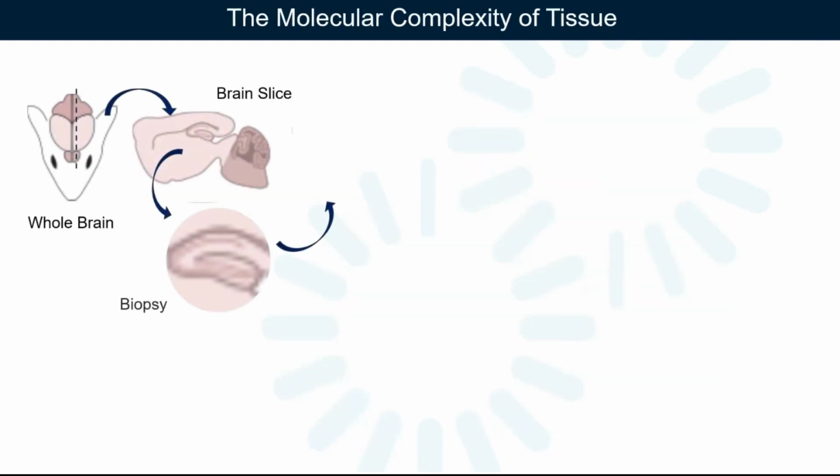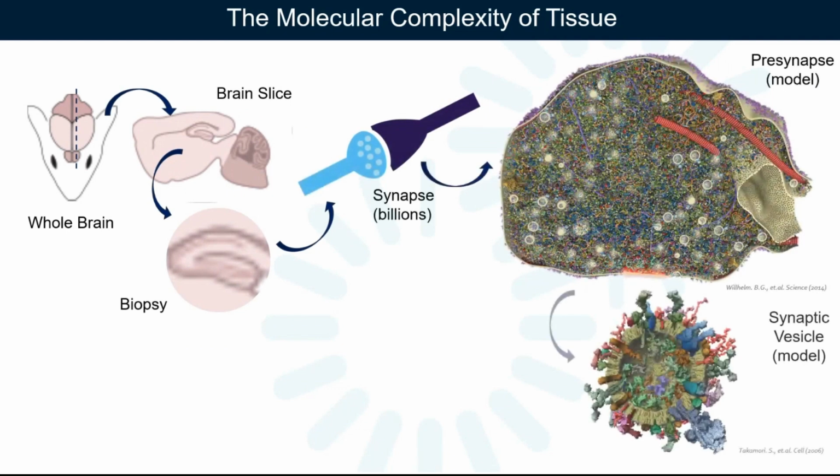So brain tissues are complicated. So we take a whole brain. Oh, these images haven't come out very nicely, but you can imagine you take a slice and a biopsy. Within the biopsies, you have synapses, and within each of these synapses in the brain, you have this soup of protein that is all vital for its function.